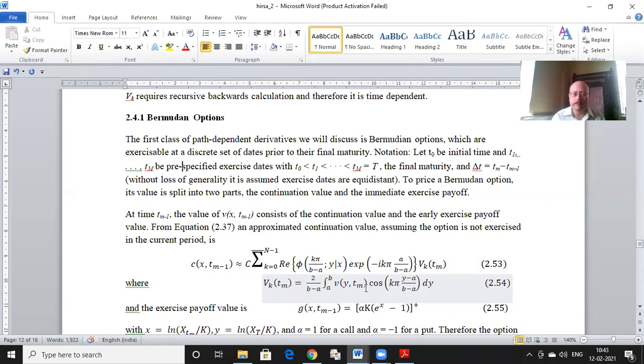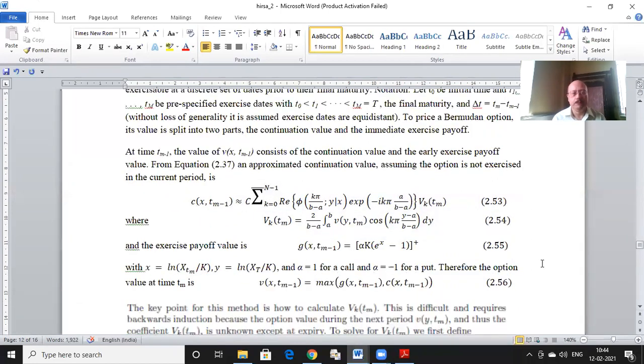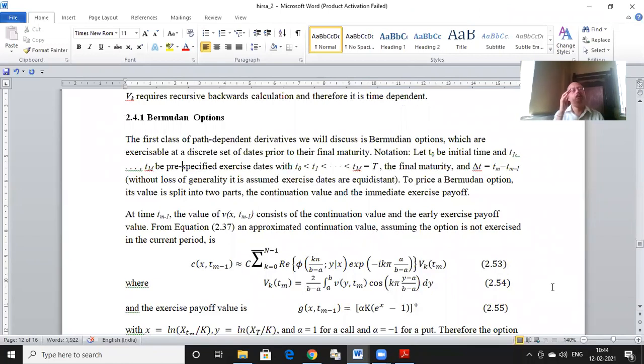This is the general principle. So this is not only true for a financial option pricing situation. This is true for any dynamic problem solving situation. So what we are going to do is we are always going to start from the last period, because there is no tomorrow. Last period problem is typically the easiest one to solve. There is no continuation value.